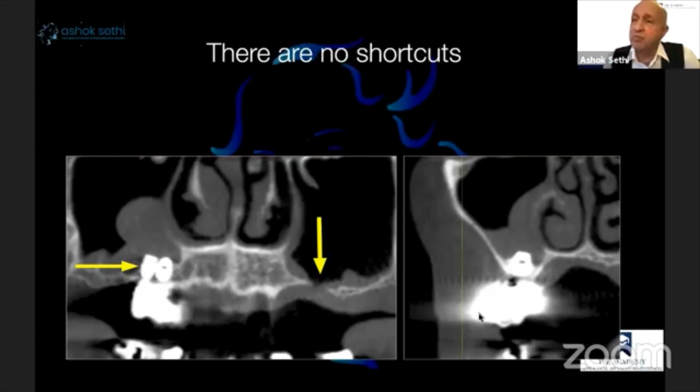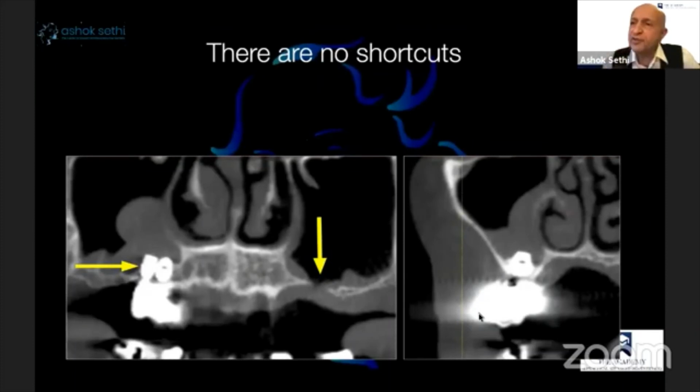But what is most interesting is the image on the left-hand side with the vertical arrow. In that, what you see is a hole, a so-called oroantral fistula, where the implants that were placed there failed and they had to be taken out. And this is because somebody was pushing the technique too far.